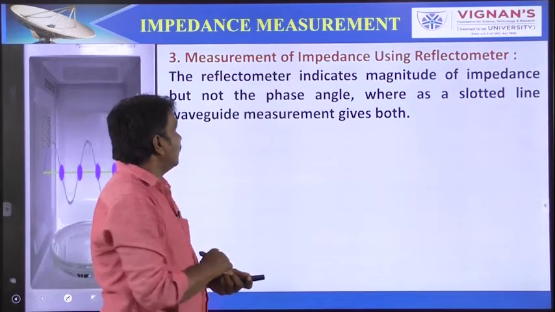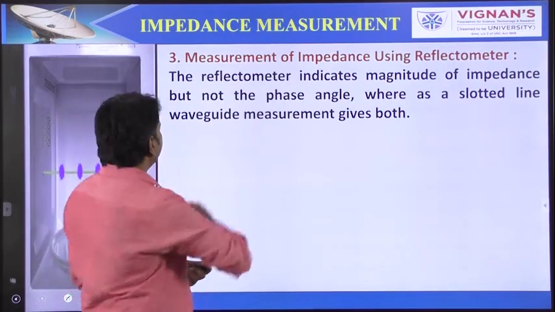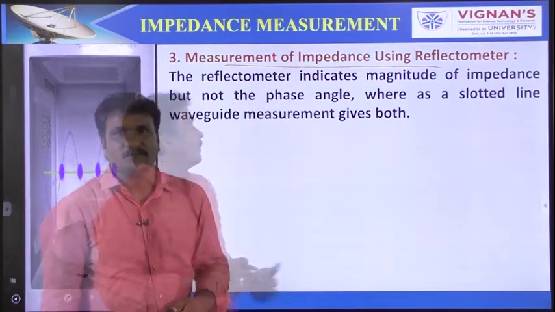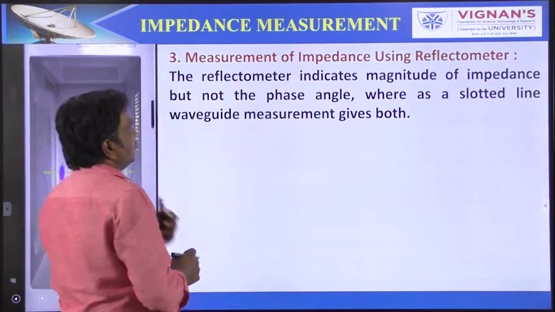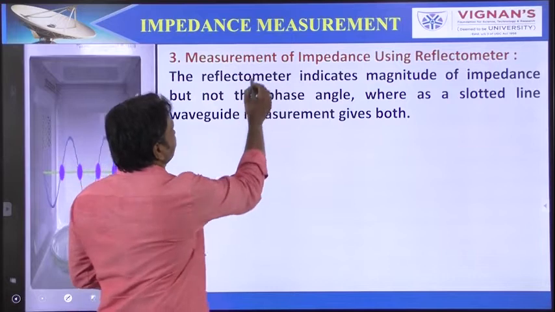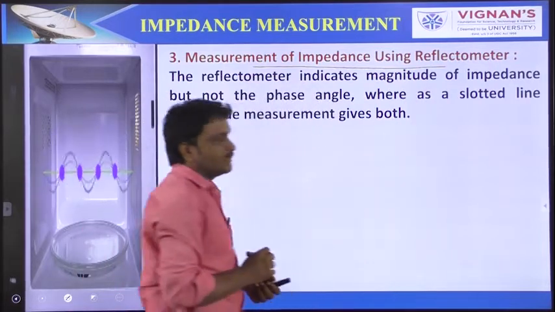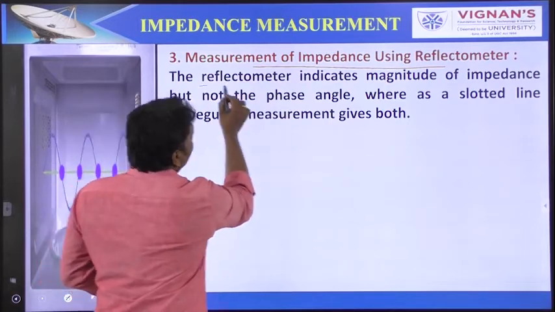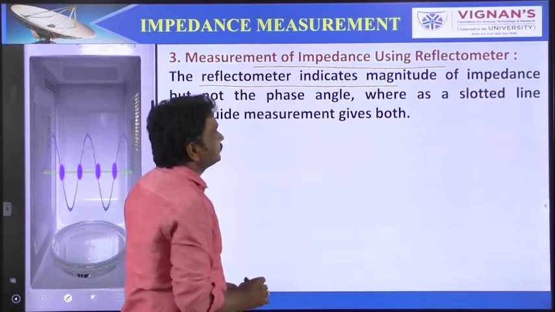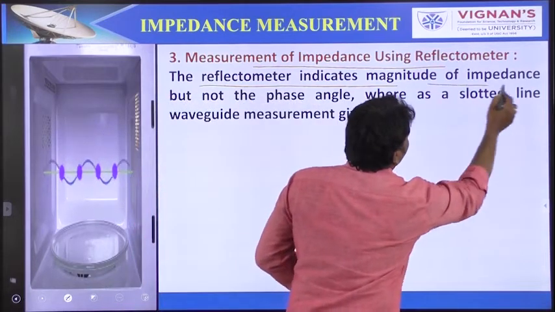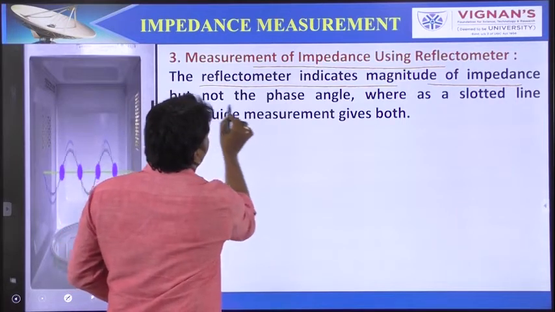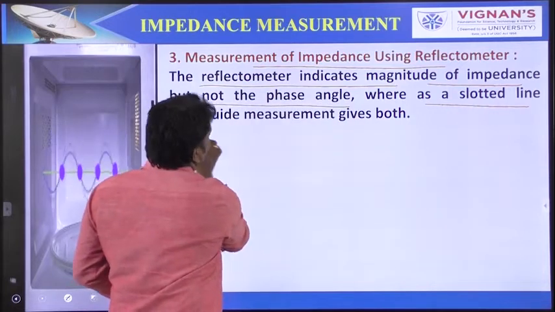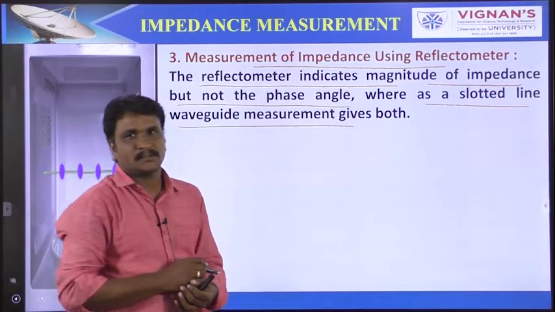Now coming to the third impedance measurement, that is measurement of impedance using the reflectometer method. The reflectometer indicates the magnitude of impedance but not the phase angle, whereas a slotted line waveguide measurement gives both.